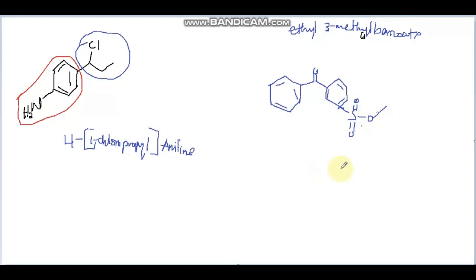Now this compound is a sulfonate. When a sulfonic acid hydrogen is replaced by, let's say, an alkyl group, it is named as a sulfonate. So of course, as we learned earlier, this group is named as a benzoyl. Then this one is just a methyl. So we first name this one as a methyl because it is a sulfonate. So we have methyl.